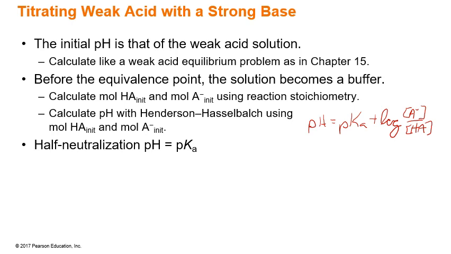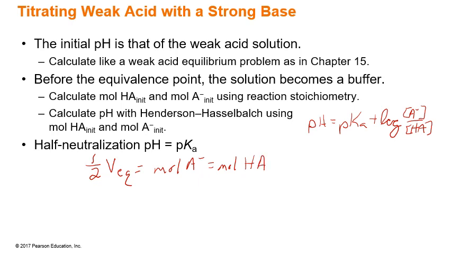There is one special point that is halfway to the equivalence point, or 1/2 of the volume at the equivalence point, where the moles of A- equal the moles of HA.